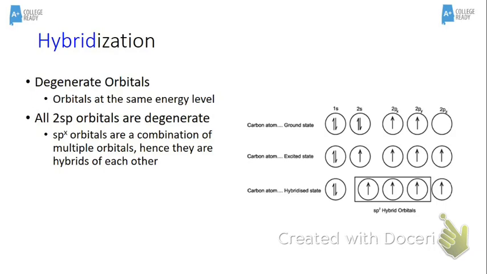If we have one bond, then we have one s orbital being used. If we have two bonds, then we have one s orbital and one p orbital being used. And then three bonds, one s orbital and two p orbitals being used, and so on and so forth. So that's how we can designate the type of hybridization that's occurring in that molecule.